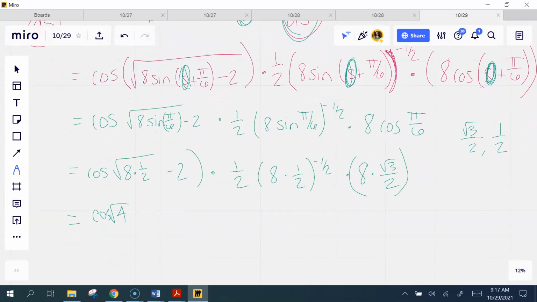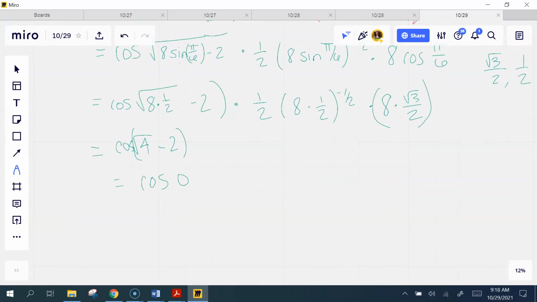No, because the minus 2 is not in the parentheses. This is under the square root. So it's the cosine of 0. Cosine of 0 is 1, yes.